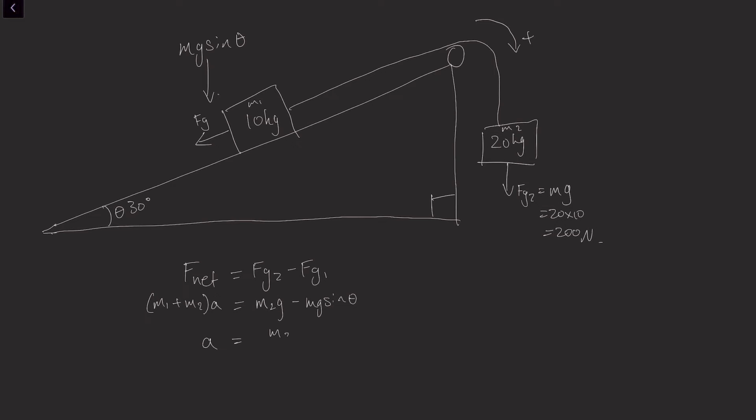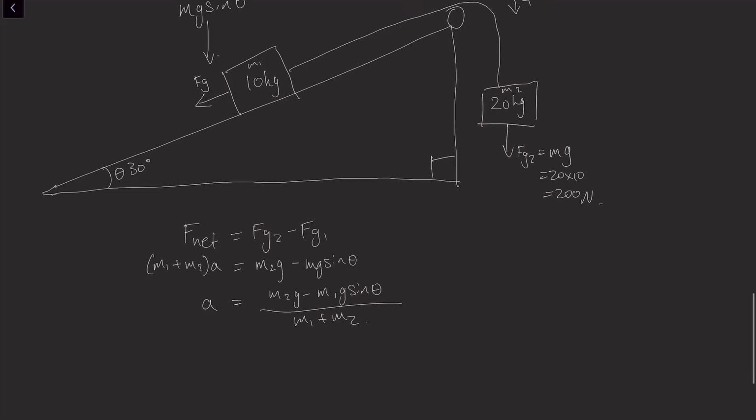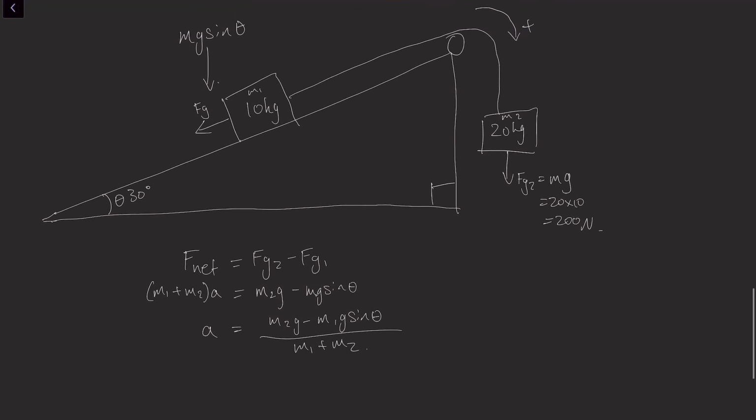So we have m2g minus m1g sine theta over the sum of the two masses. Good. If we were to factorize out the g, you'll see the acceleration is g times (m2 minus m1 sine theta) over (m1 plus m2).